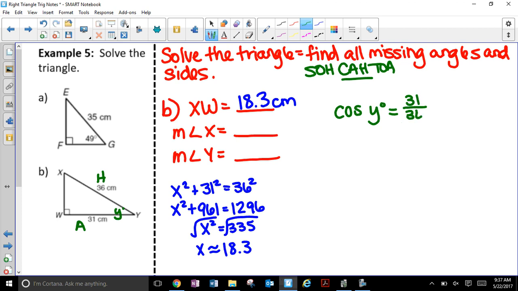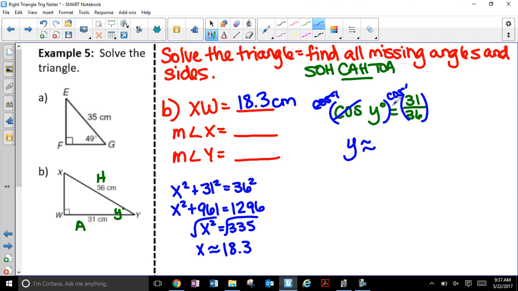I'm just using cosine because I have the adjacent leg to this angle y and the hypotenuse. Then remember, we talked about a couple examples ago, when you need to get rid of cosine, you're going to do inverse cosine. So that cosine cancels and you're just left with that variable, which is our angle.